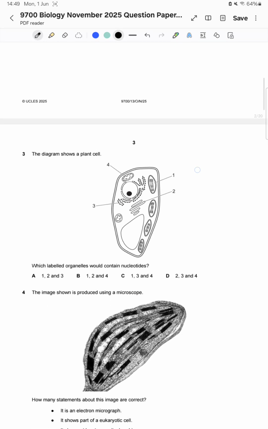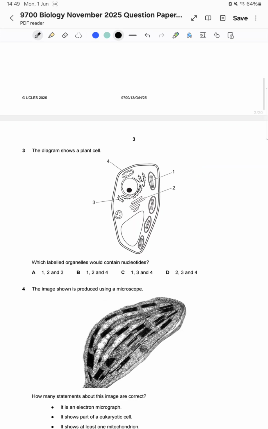Moving on, the third question says the diagram shows a plant cell, which labeled organelles would contain nucleotides. Now as we know, nucleotide is the monomer of nucleic acid, which can be DNA or RNA, right? Now keeping in mind DNA and RNA, we know that we can find DNA or plasmid in chloroplasts, we can find plasmids in mitochondria, and we can also find RNA in our ribosome.